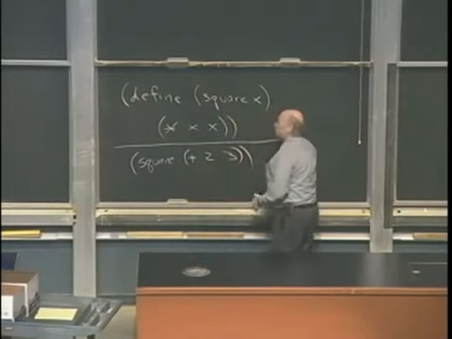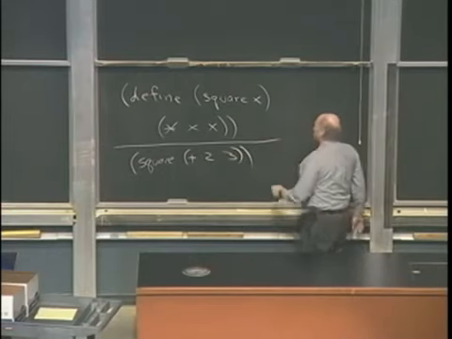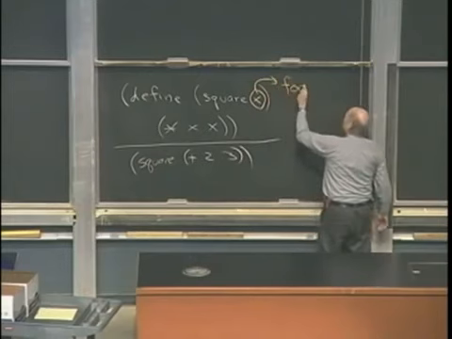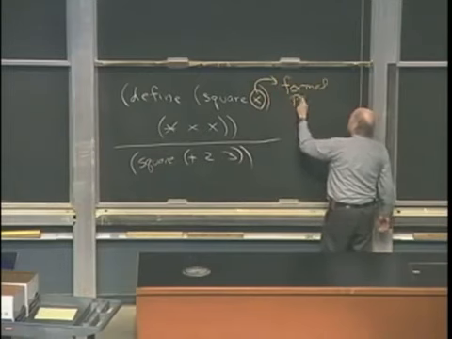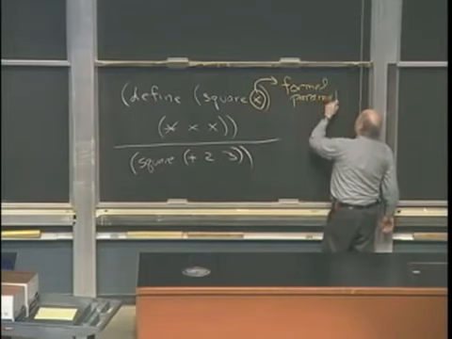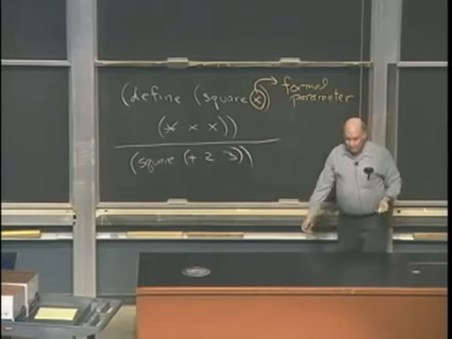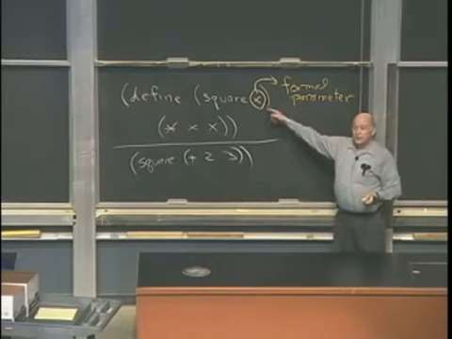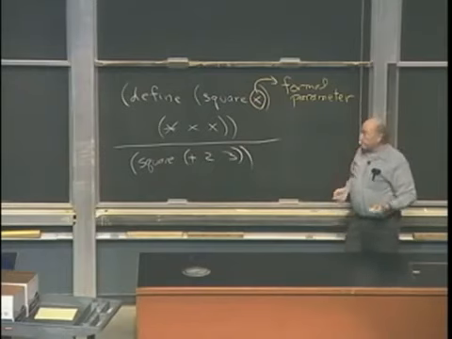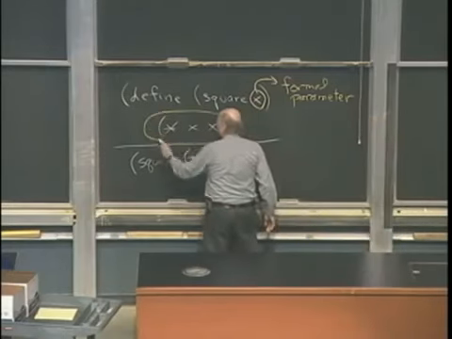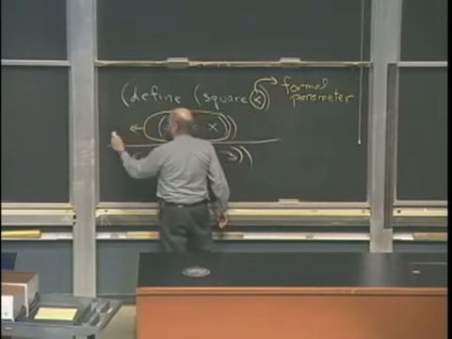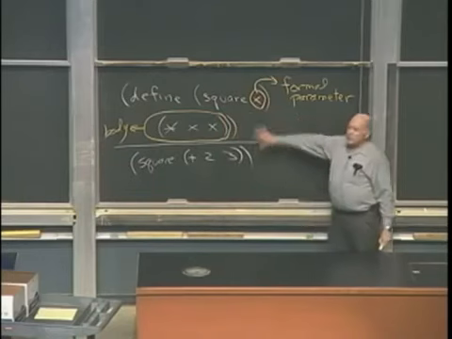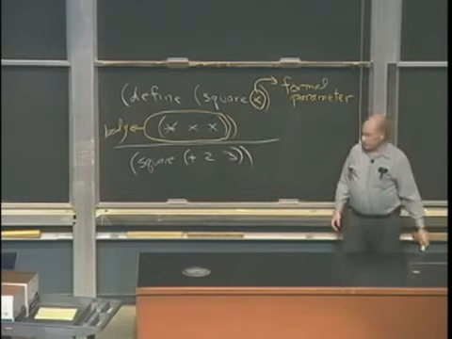Here's your vocabulary lesson for today. This thing is called a formal parameter. You don't have to write it down, it's in my lecture notes. Just understand it. The formal parameter is the name for an argument to a function. This thing here is the body. Those are part of the definition of a function.